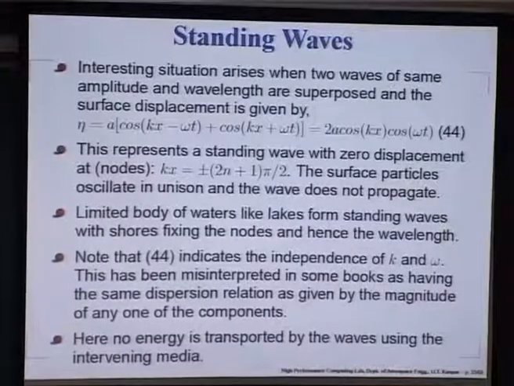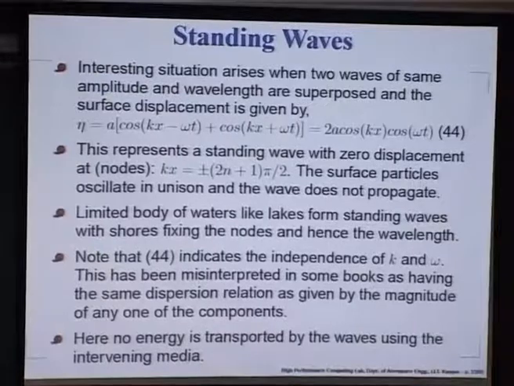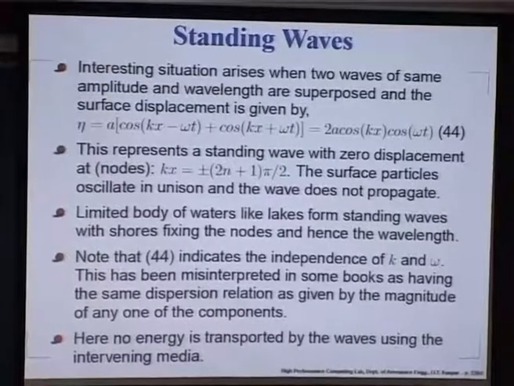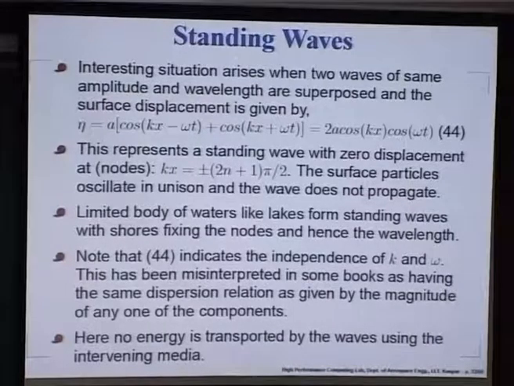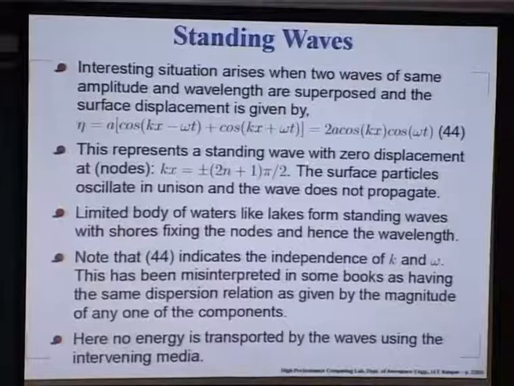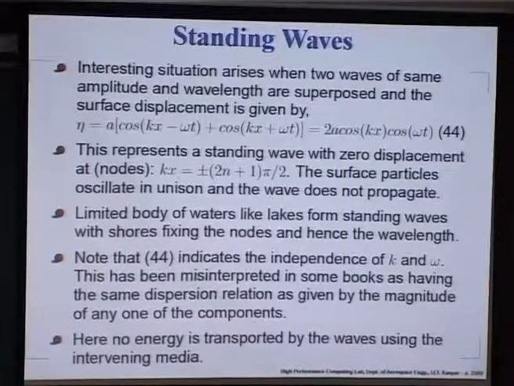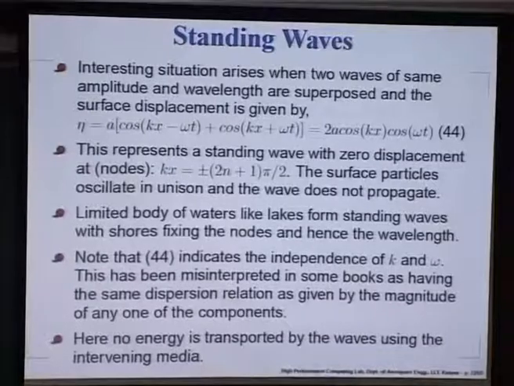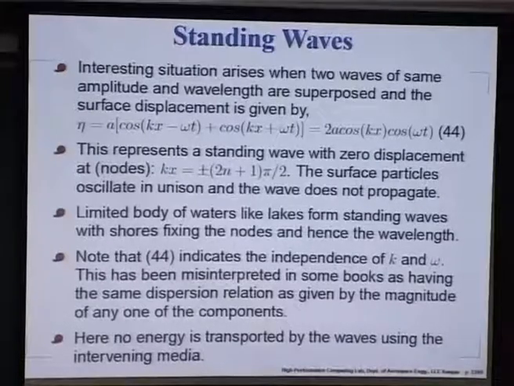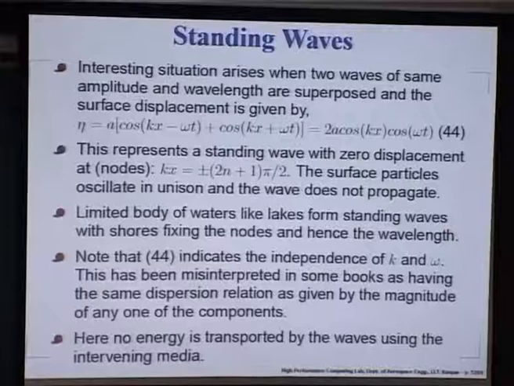Those waves will go there and reflect back, and then the incident and the reflected wave can create standing waves. The dynamics would be given by this, because the nodes will be fixed at the shore, and that will determine the fundamental wavelength.